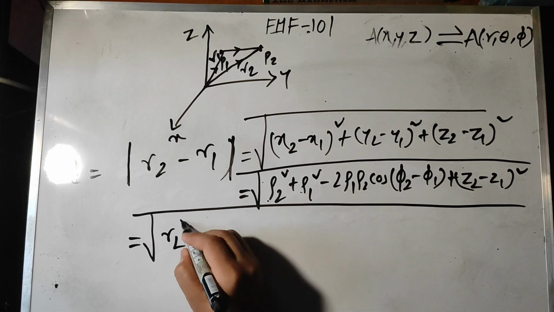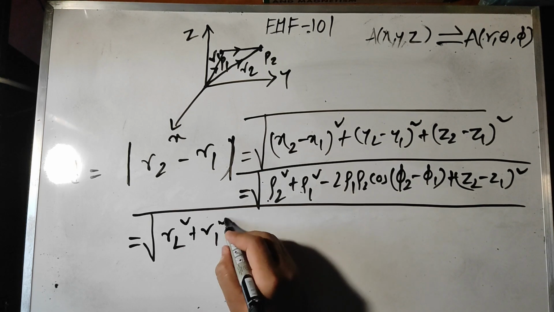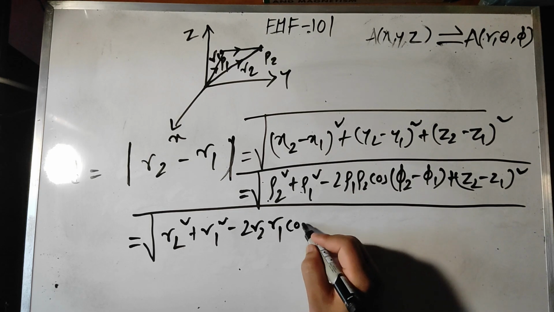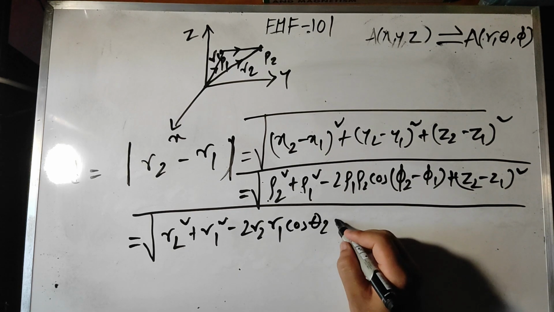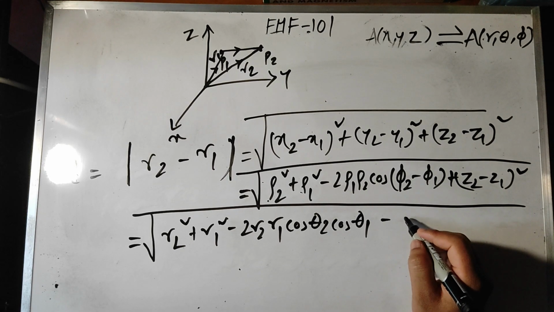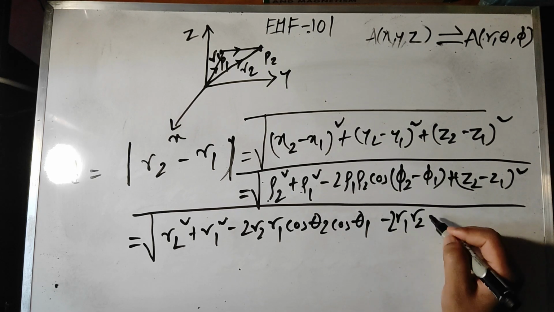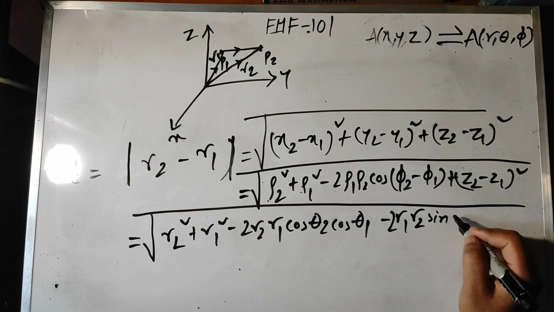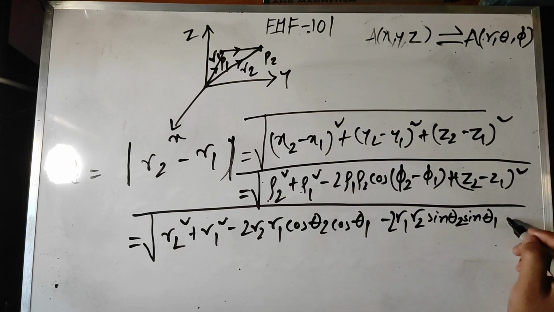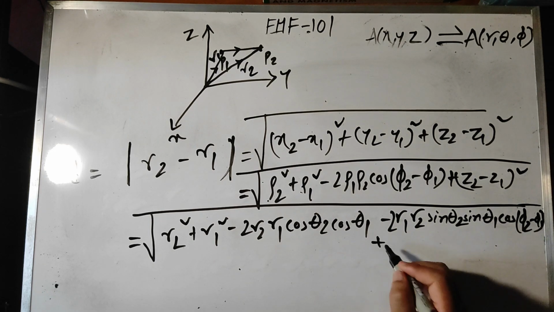So r2 square plus r1 square minus 2 r2 r1 cos theta 2 cos theta 1 minus 2 r1 r2 sin theta 2 sin theta 1 cos of phi 2 minus phi 1. That's it.